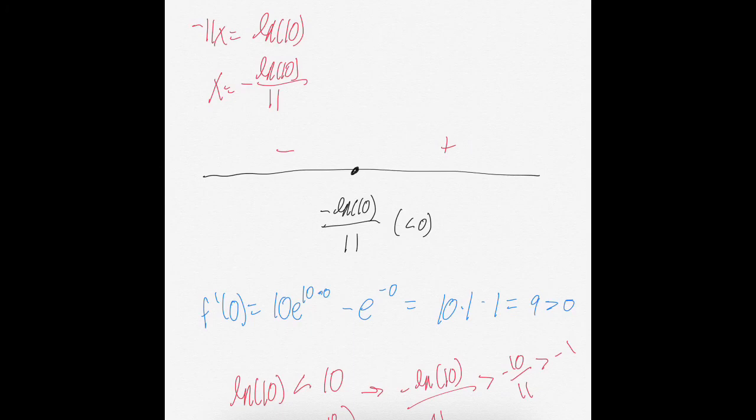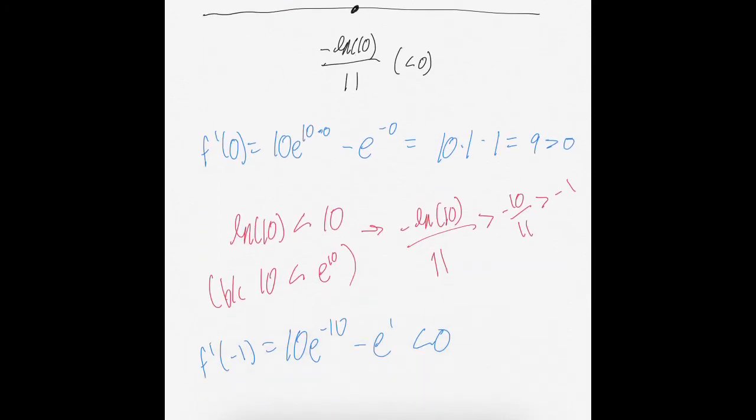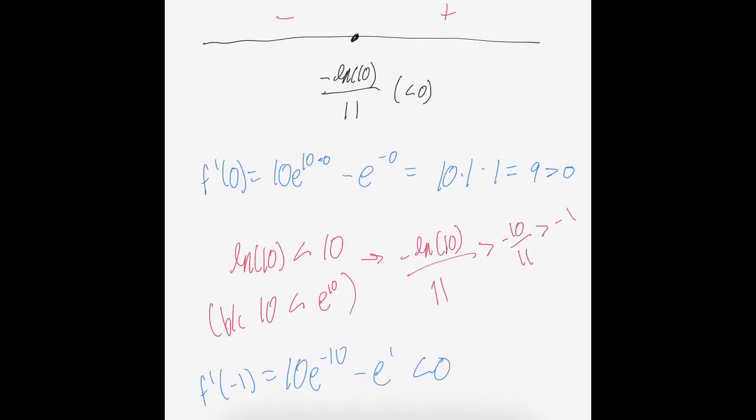This tells me then, first of all, this gives us our intervals on which the function is increasing and decreasing. I'm not going to write them out super formally here. You can put them together. The function is decreasing to the left of this point and increasing to the right of it.